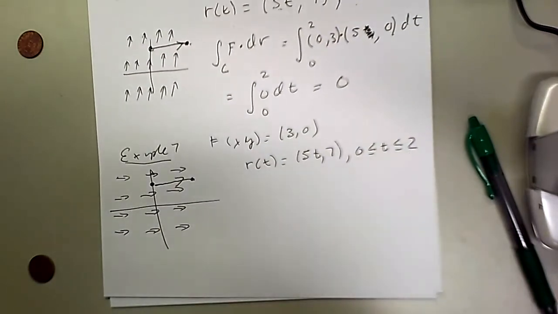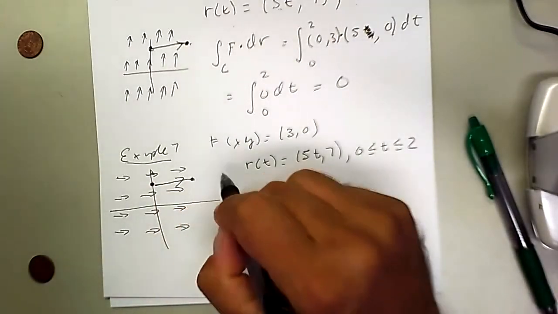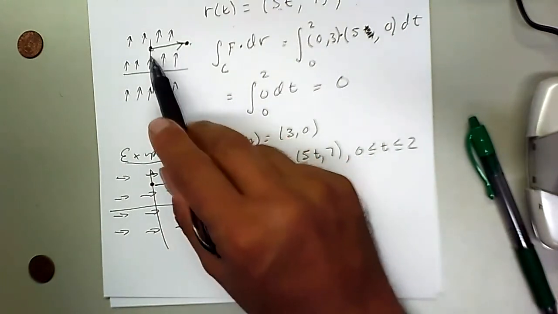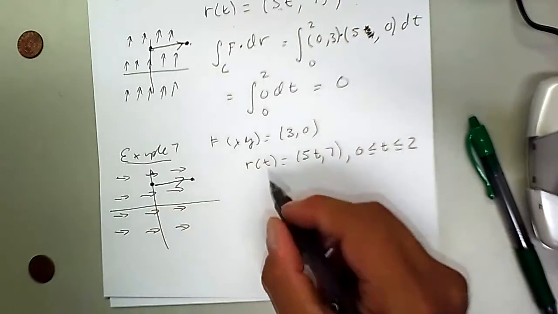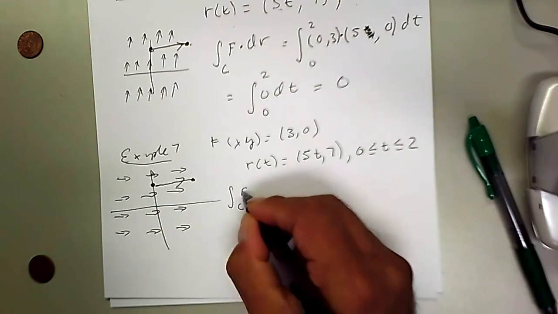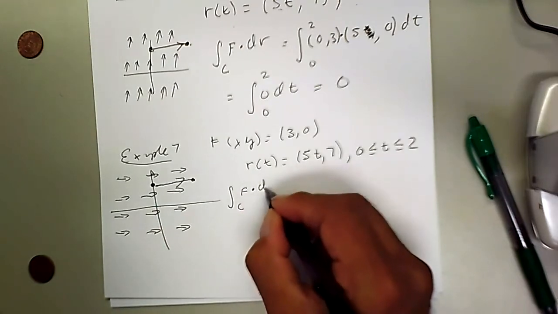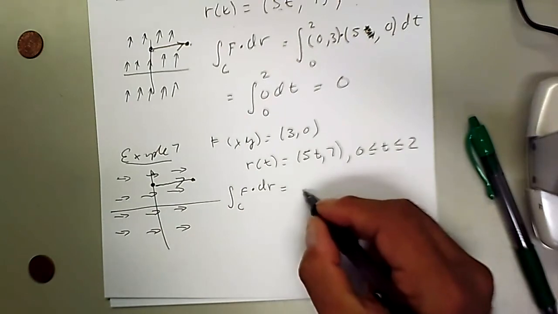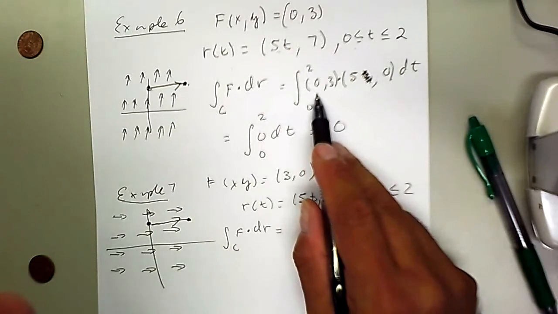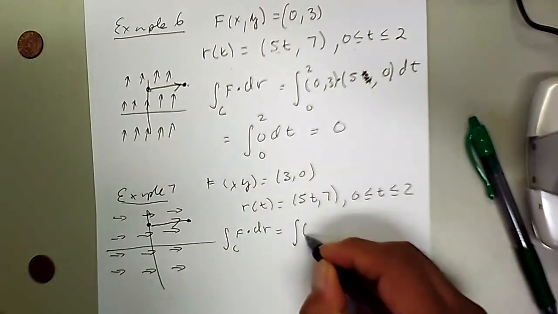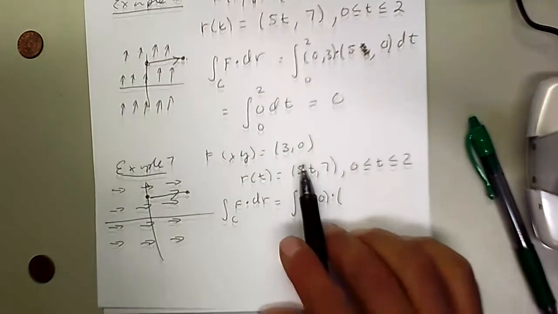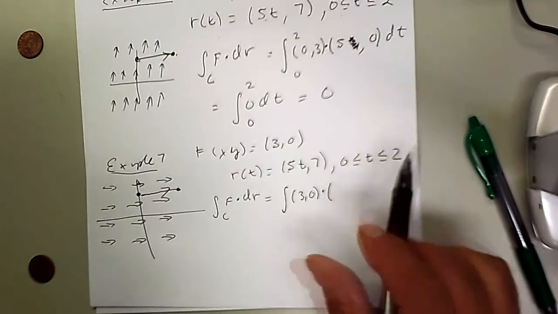How much? In a way, this measures, in my opinion, again, efficiency. How efficient is this force as far as helping this move? But that's me again. So the line integral of the vector field with respect to the path that we are taking will be <3, 0> dotted with the derivative of the path, which is <5, 0>.